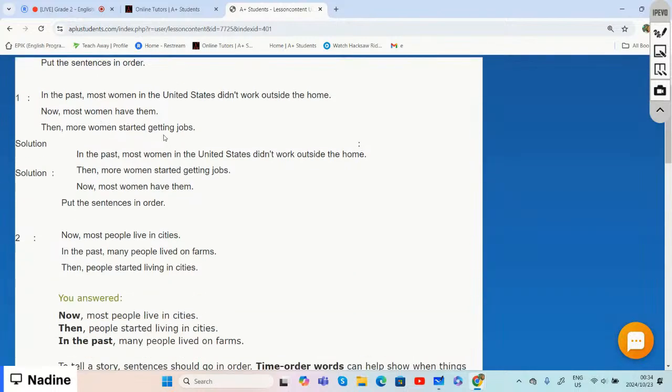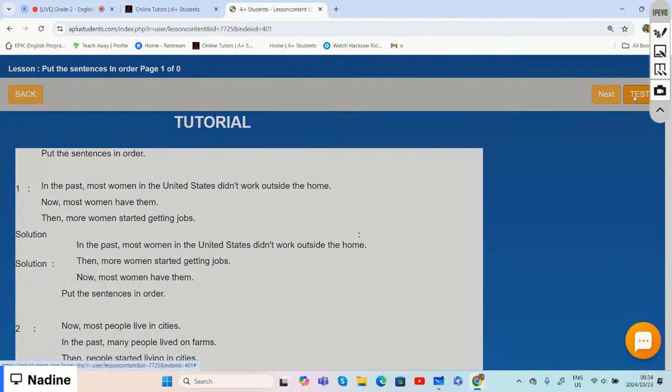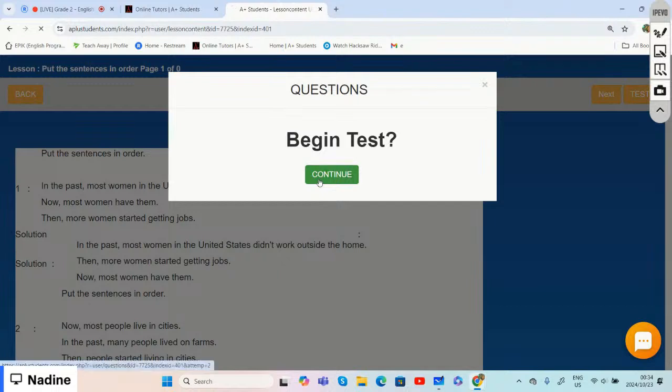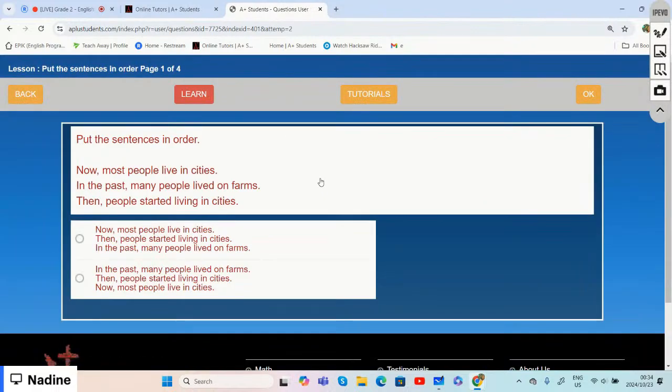So we're now going to test, and we are going to put the sentences in order. Then we're going to say which one is first.